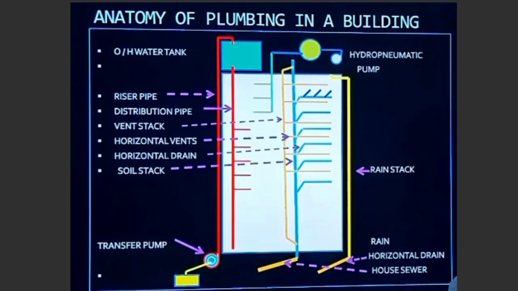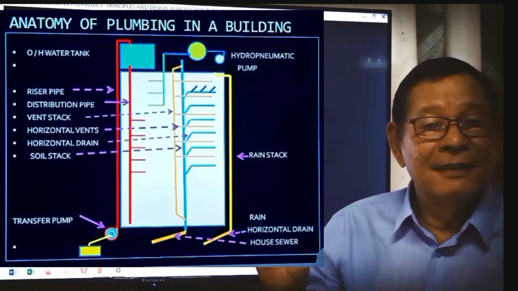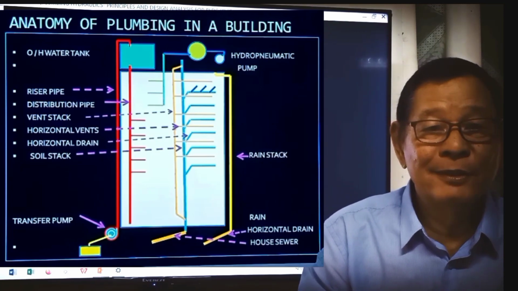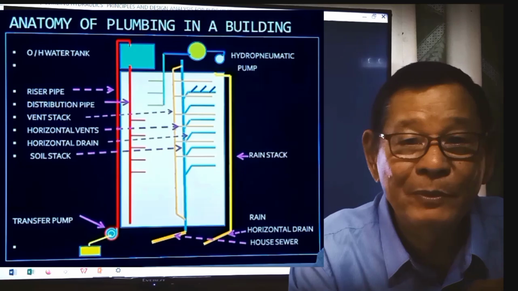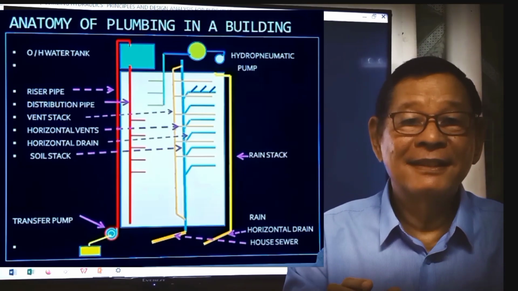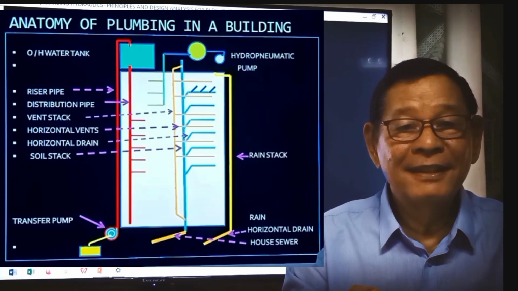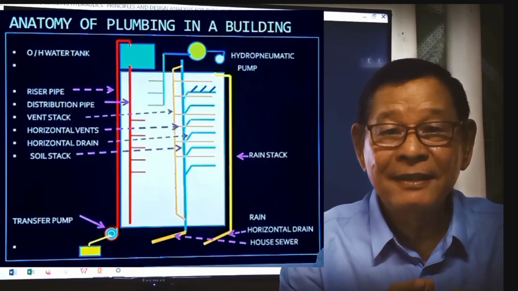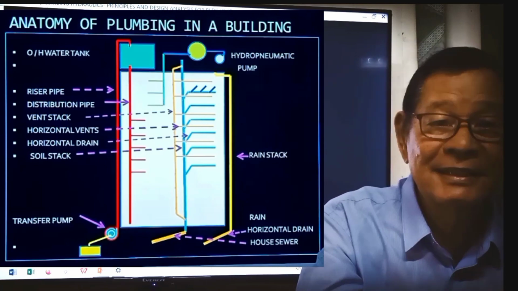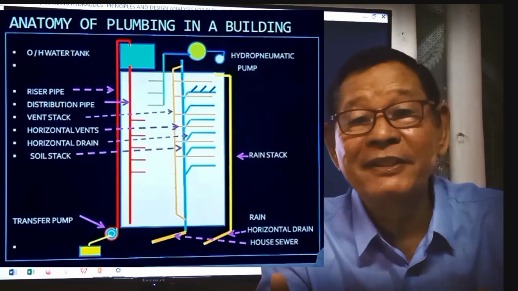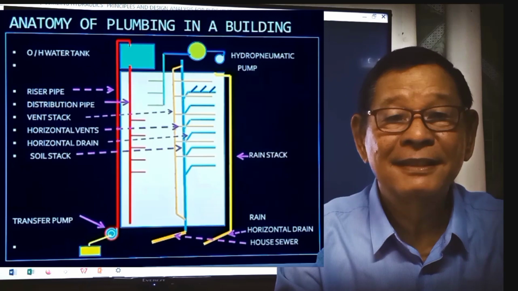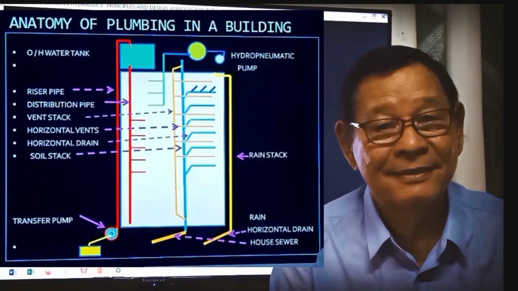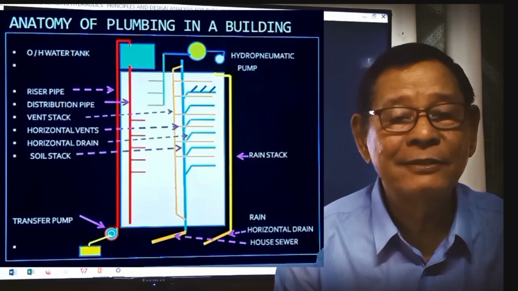How does the hydraulics work? The conveyance of water inside the system of plumbing within a building is worked by hydraulics. That's why our first salvo is that I explain the basics of hydraulics first, so we know that plumbing is really a hydraulics. It is really a hydraulics, nothing else.